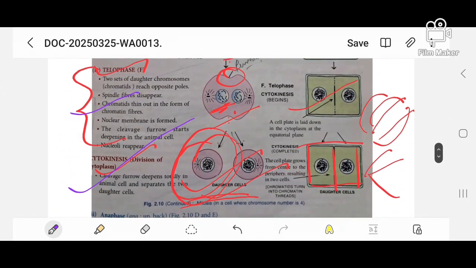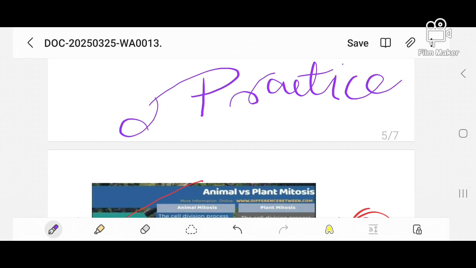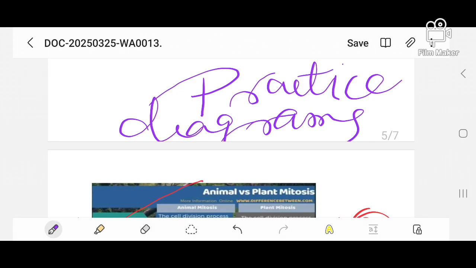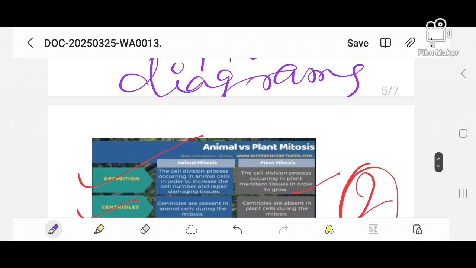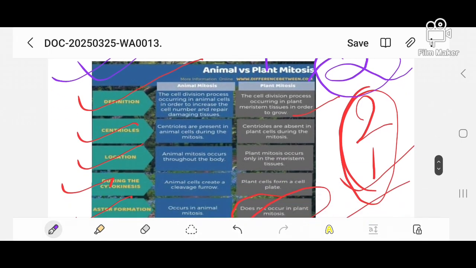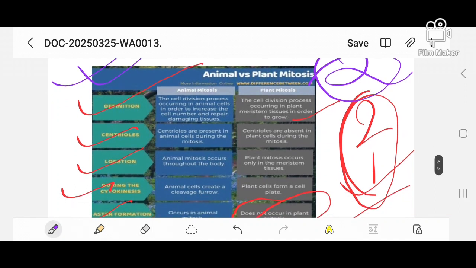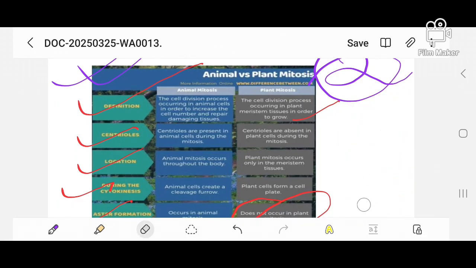Study the diagram and practice diagrams. This will definitely come for 2 marks or for 1 mark. I have written over here. Or for 1 mark.